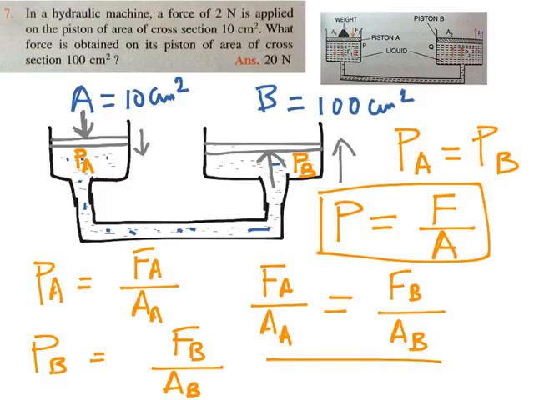Now if we put in the values that have been given: FA is 2 Newton, area of A is 10 centimeters square, and area of B is 100 centimeters square. You have to find FB.